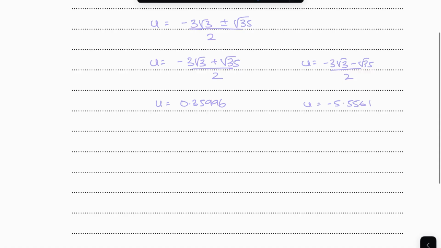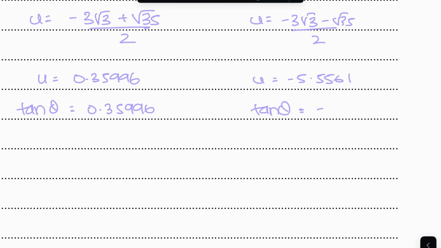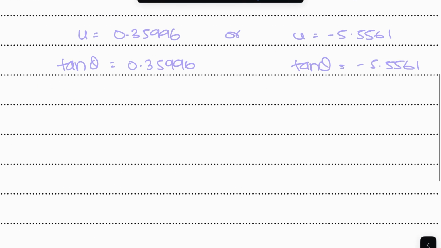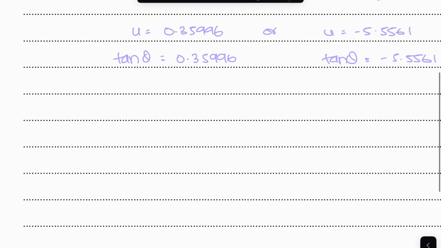So now we will change the value back and say that tan theta is equal to 0.35996, and tan theta is otherwise equal to minus 5.5561. Okay, so these are our two options. Let's see what this would look like on the graph.